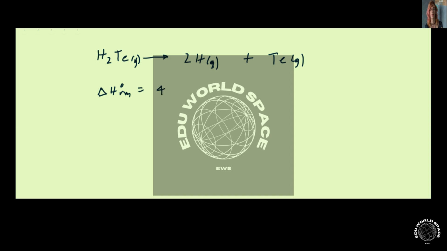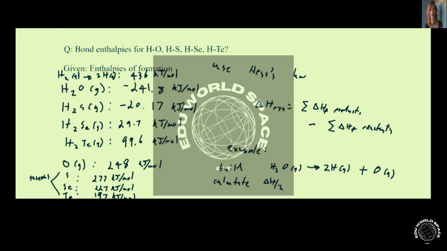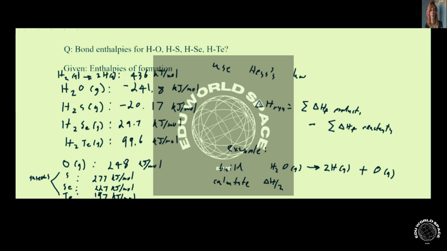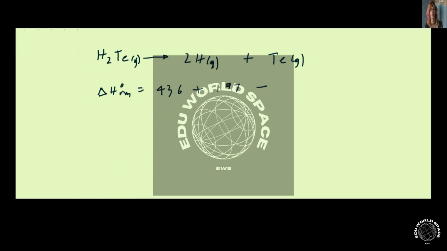So we're going to use our formation of gaseous hydrogen atoms again from the H2, the standard state. Then the gaseous tellurium, which is over here, 197 kilojoules per mole. And then we're going to subtract off the reactants, which is our H2Te. So that's going to be over here, 99.6 kilojoules per mole.